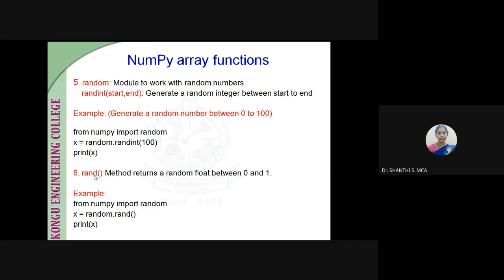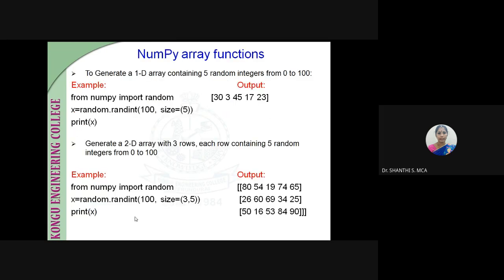Then this rand function will generate a floating point random number, whereas the previous one will generate an integer random number. This rand function will generate a floating point random number between 0 and 1. If you give any specific range, it will generate within that range. If you want to generate more than one random number, you can use size.